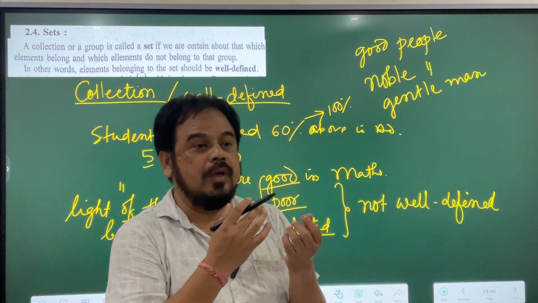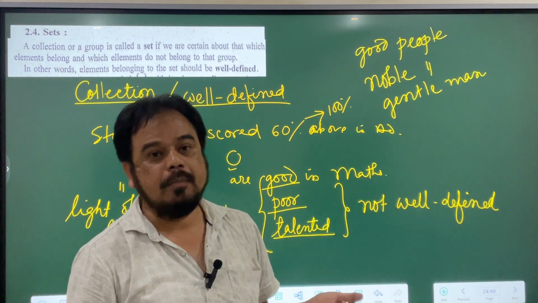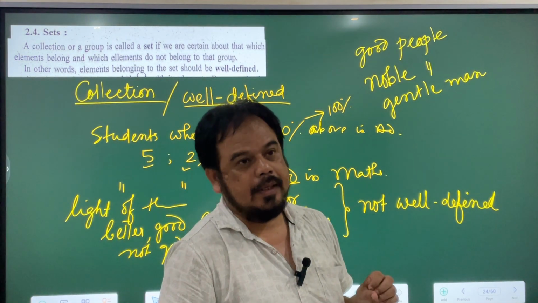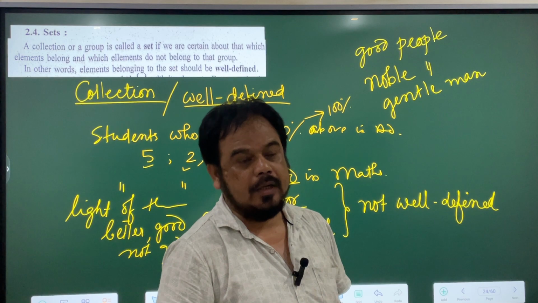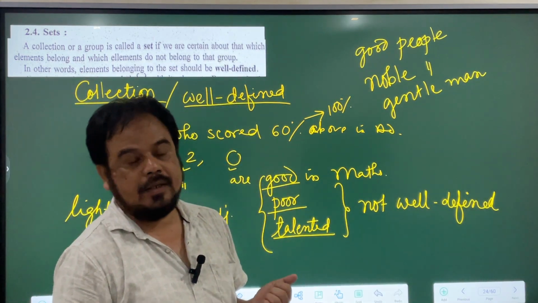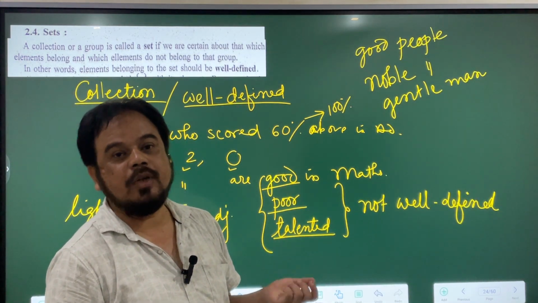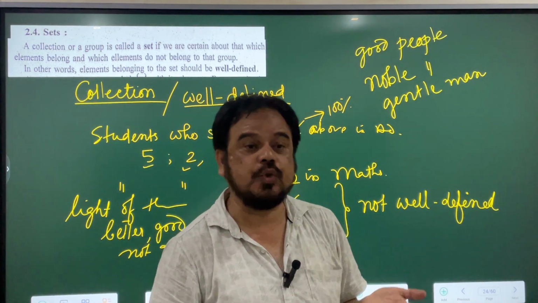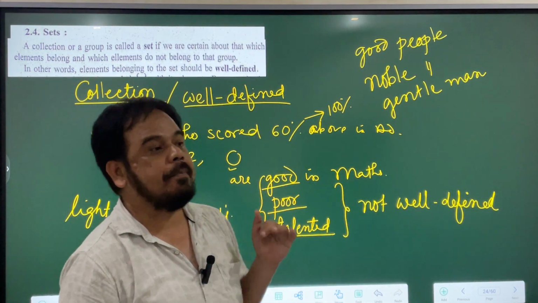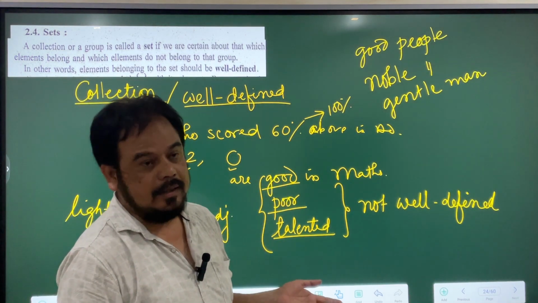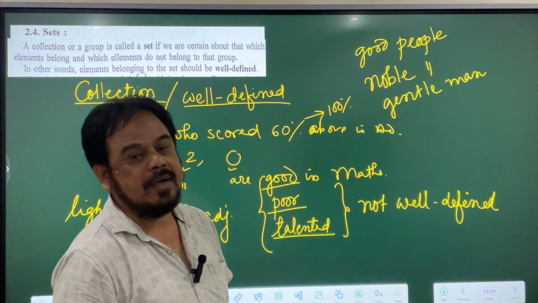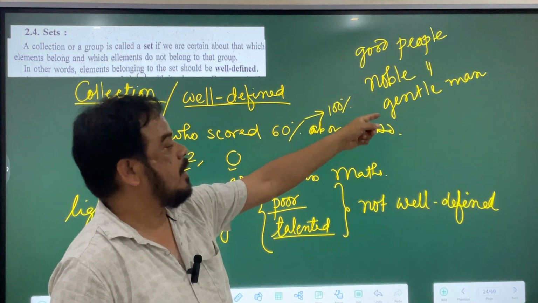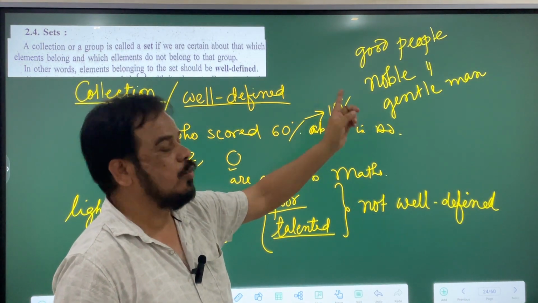If the person is looking good, may be gentle, may not be gentle. The person is looking good, behavior is good, but inside you don't know actually whether he is good or not. Or even if he is good, how much good, how much bad, how much gentle, that cannot be measured. That is why whenever you get this type of words in sets, they are not well defined.